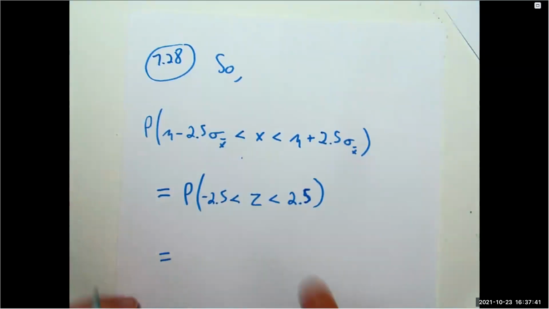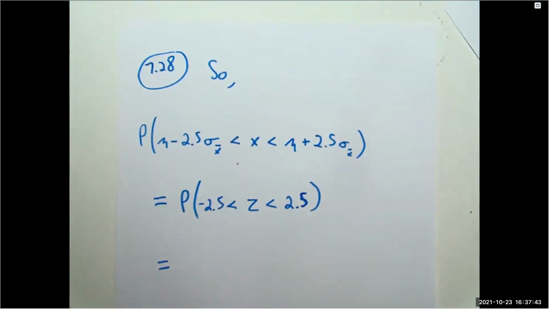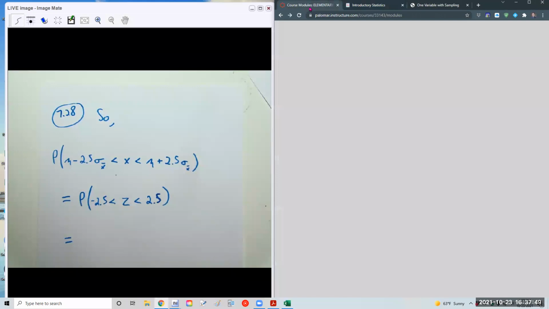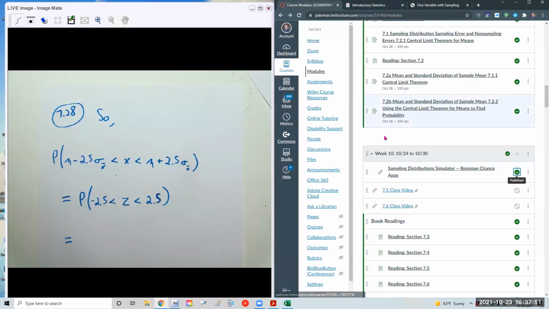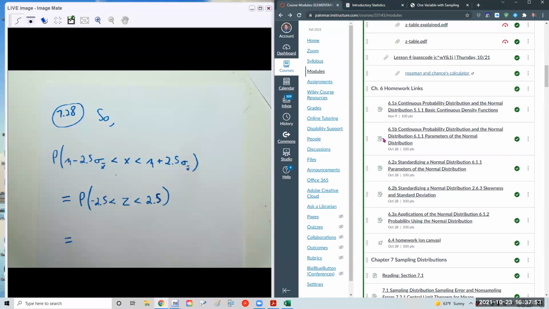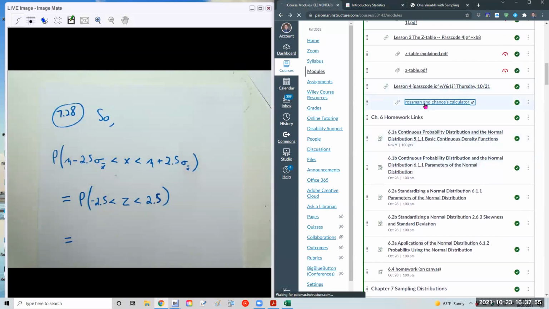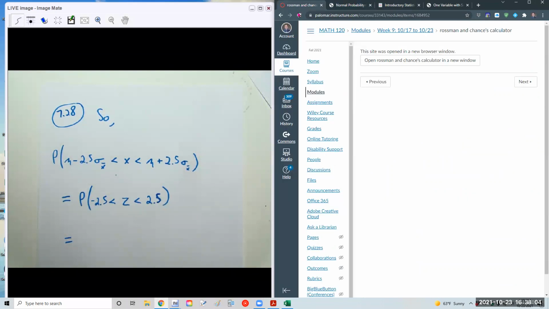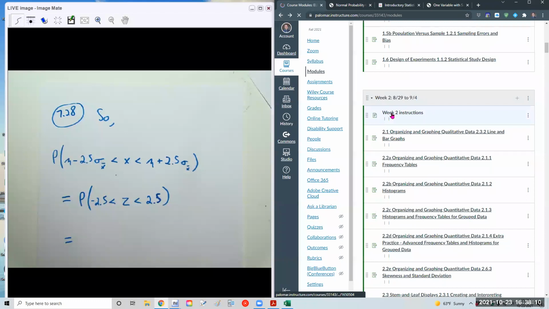And so now I can get this probability from the z table, but I recommend against it. Let's just use technology, shall we? Where is that calculator that I started to like? I think it was the Rossmann Chance one, wasn't it? But for the between ones, I think we found that it was easier to use the GeoGebra calculator. So let's go over there and find that.